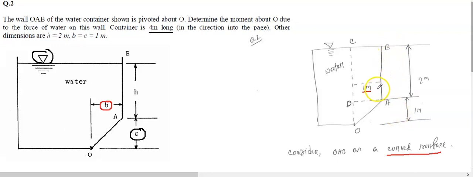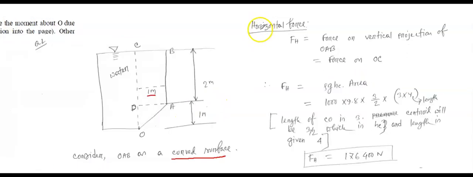Now it is very clear that when it is a curved surface, we need to calculate the horizontal force and the vertical force. Let's start with that. You always know how to calculate the horizontal force. We already solved the first problem, and from the course note and your book you know what the horizontal force is.